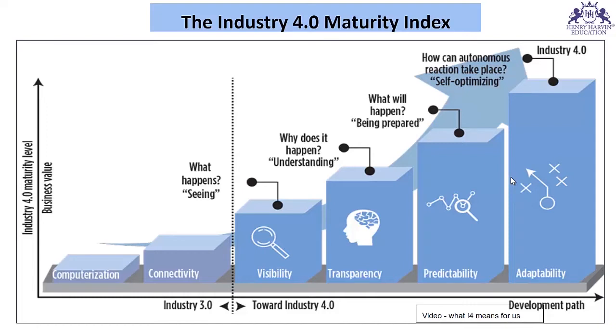And when we see all that, the kind of questions which are sometimes asked: in terms of visibility, we say, what happens? If you are trying to find out, you may be using sensors for that, you may be using data for that. There may be many things which you could be using to answer these questions. Why does it happen?